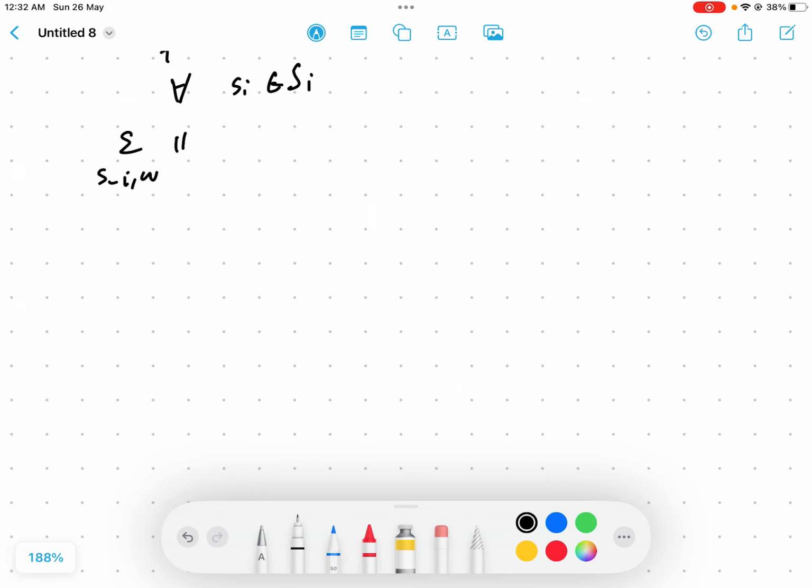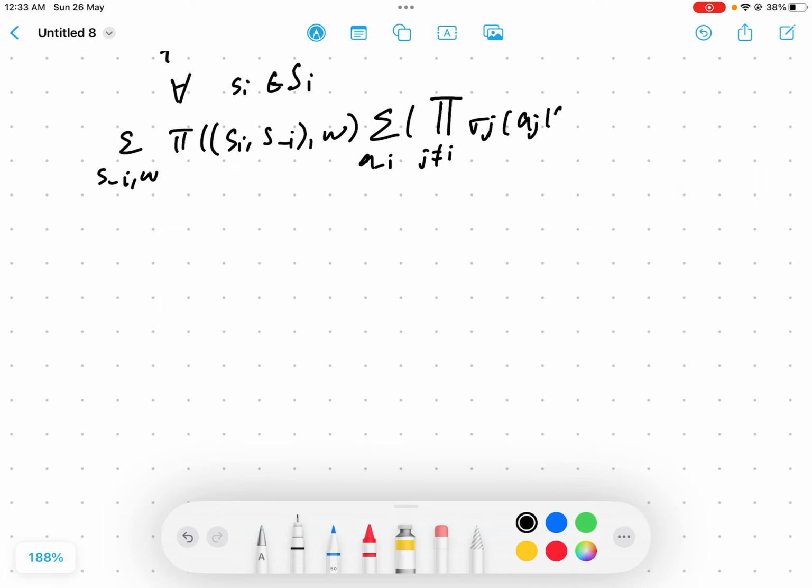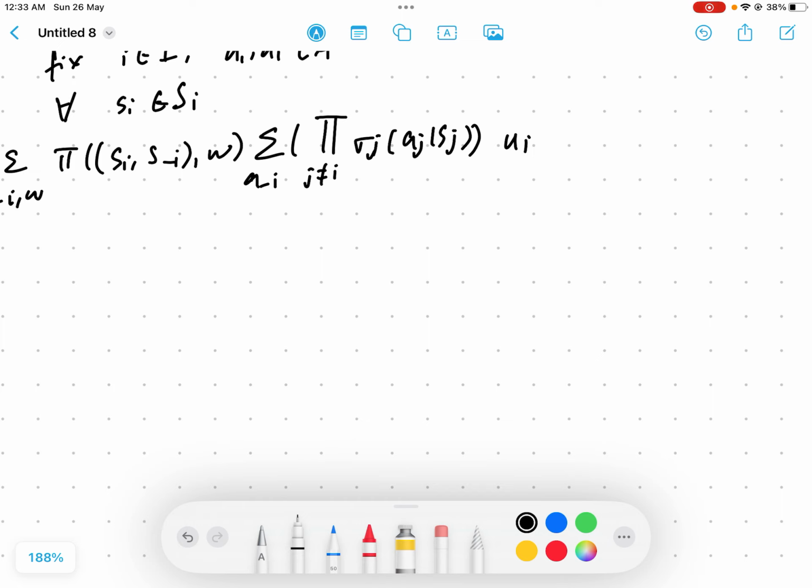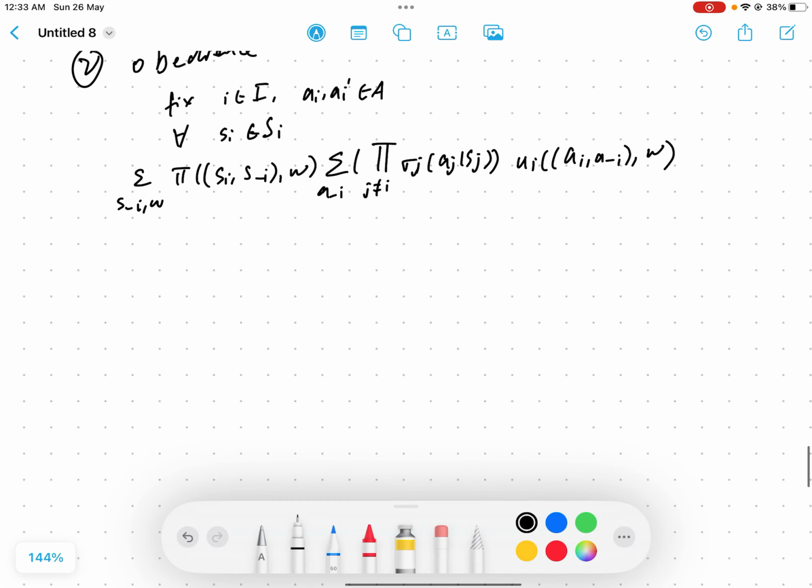We don't need to write it again, but just for convenience I write it here: the summation over a_minus_i, and the product over j not equal to i of sigma_j(a_j | s_j), times u_i(a_i, a_minus_i, omega), which is greater than or equal to, and let's just copy and paste.